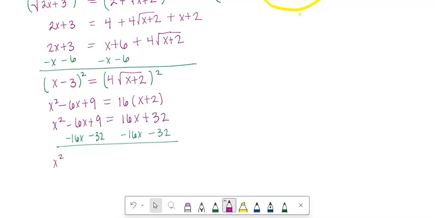So I have x squared minus 22x minus 32 plus 9 minus 23 equals 0.